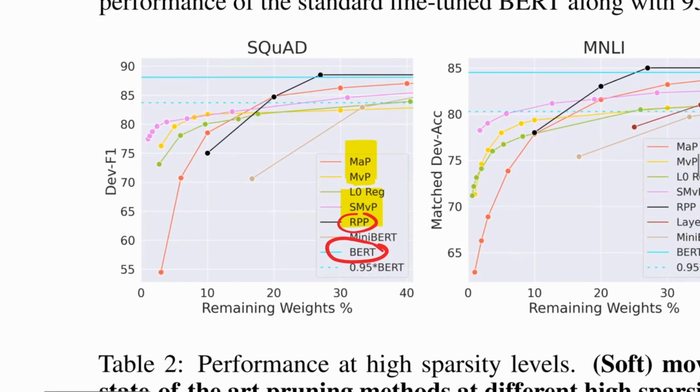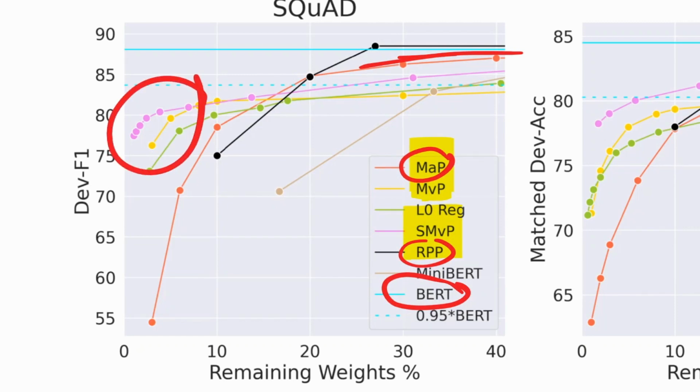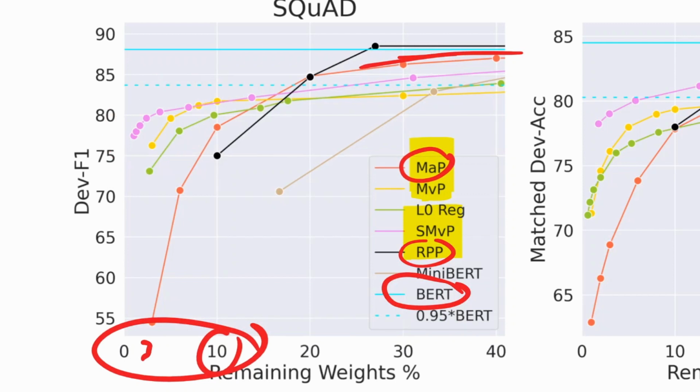It's another baseline basically, but we just want to compare those two, and you can see that in this regime the magnitude pruning outperforms the movement pruning. However, in this regime, the movement pruning is much better, and that's where the percent of remaining weights is very, very low. So this is kind of the extreme sparse case where you only have 10% or only 3% of the weights left. And you can see that the movement pruning is outperforming the magnitude pruning by a lot.